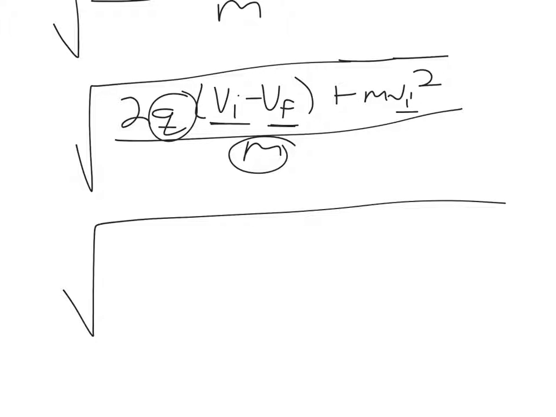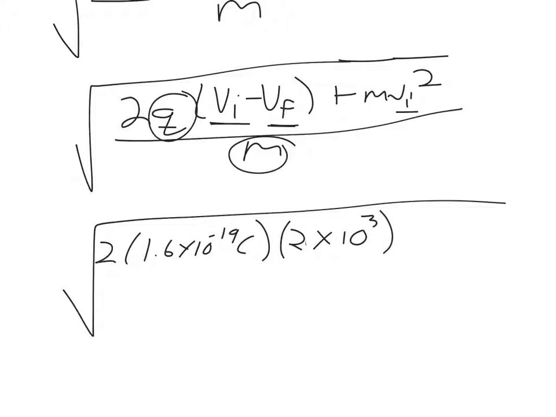So we know that that's going to be 2 times 1.6 times 10 to the minus 19 coulombs. V initial minus V final is 1500 minus minus 500, or 2,000, which I'm going to write as a power of 10, because I know in these problems powers of 10 happen a lot, plus the mass of a proton. Or, let's ask Siri. 1.6 times 10 to the minus 27 kilograms.